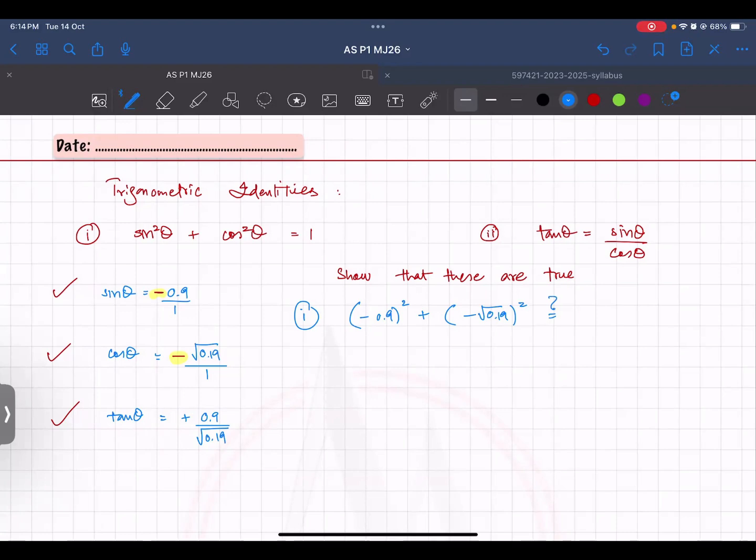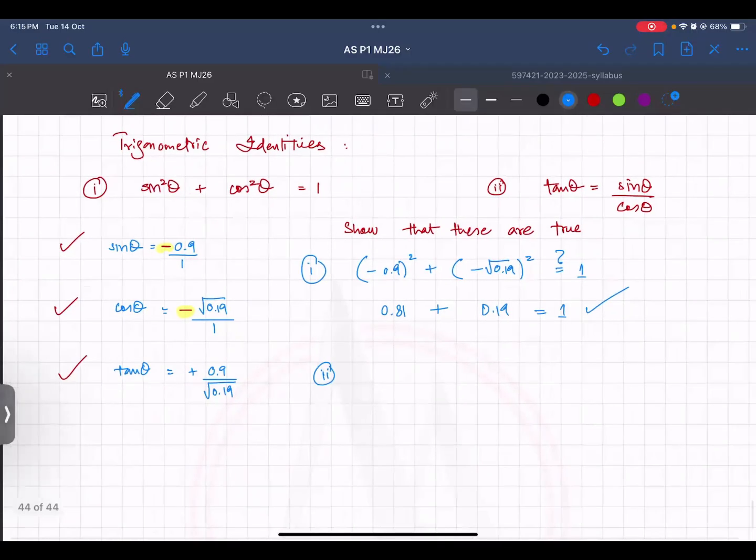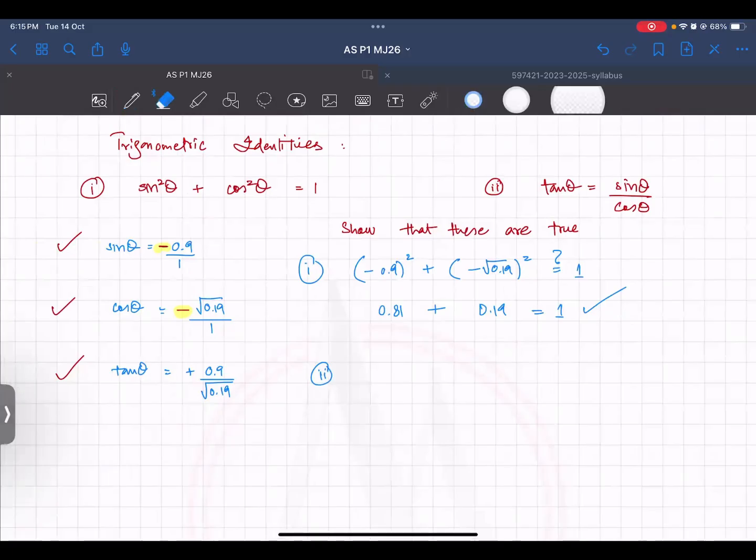Is it really equal to 1? So if we find this, look, negative 0.9 square would become 0.81, and this would become 0.19. And look, this is coming out as 1. So this is correct.